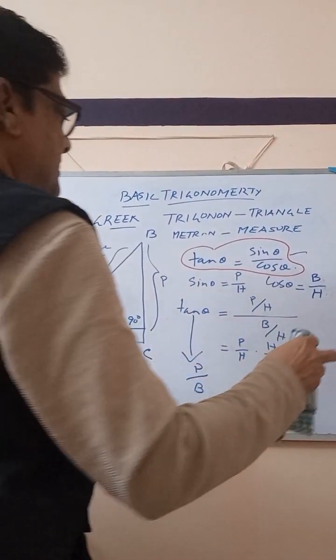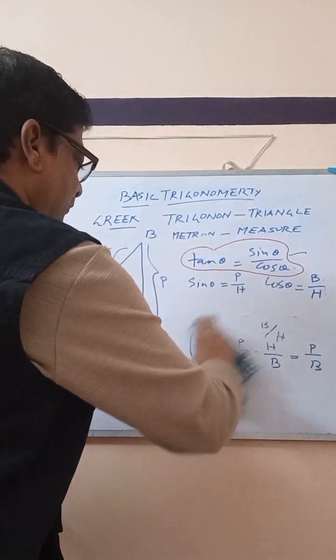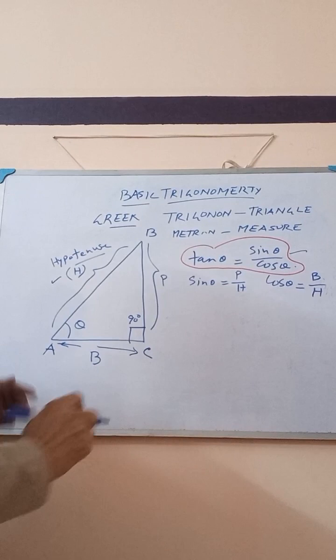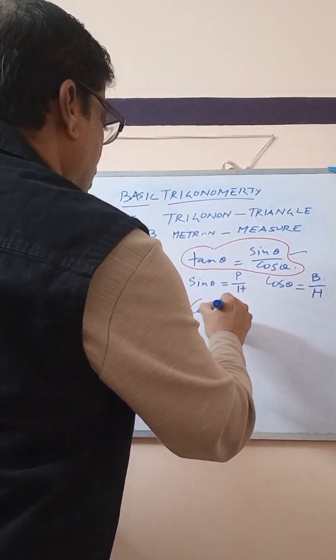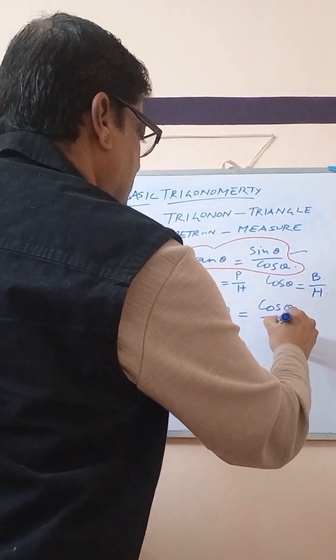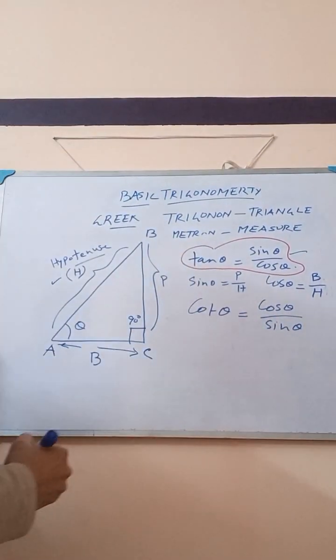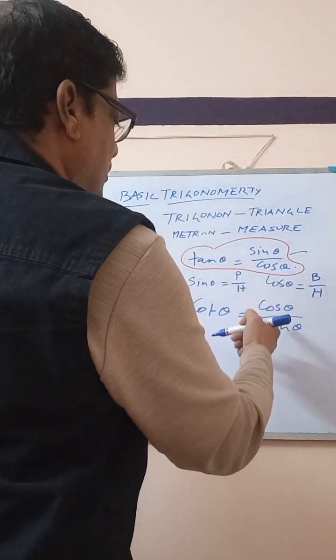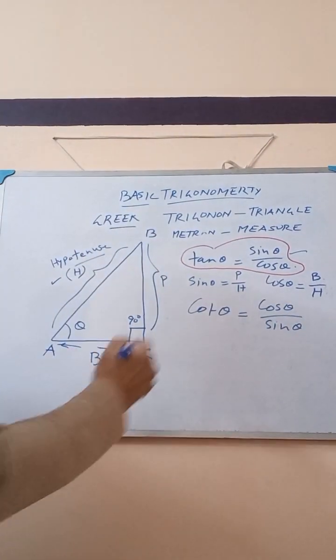Similarly, if we do cot theta, what is basically cot theta? Cot theta is equal to cos theta by sin theta. Let us do the calculation.